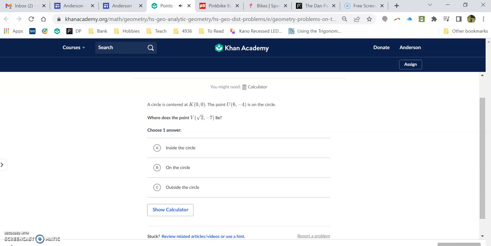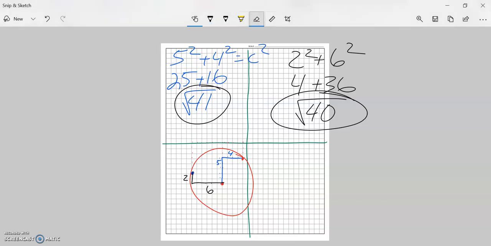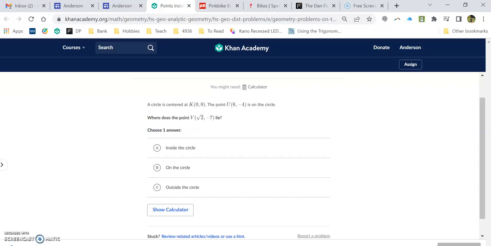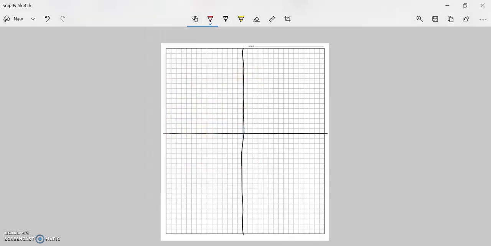Okay. Actually, I'll do one more because there's a square root in this one, which might confuse some of you. So we have 0, 0, 6, -4. So 0, 0, 1, 2, 3, 4, 5, 6, 1, 2, 3.